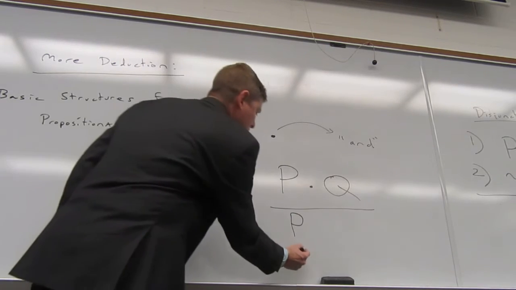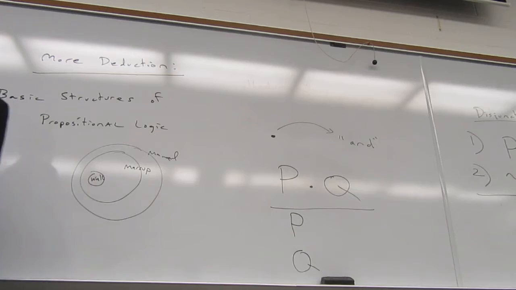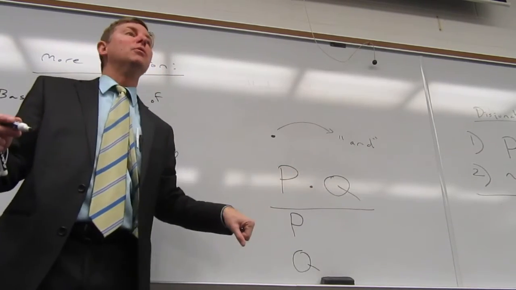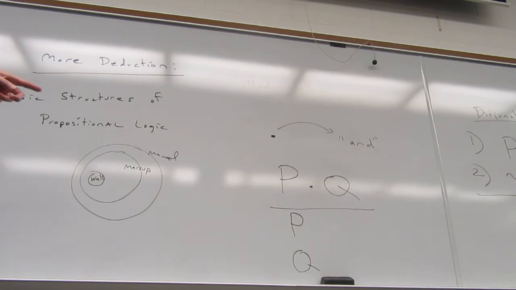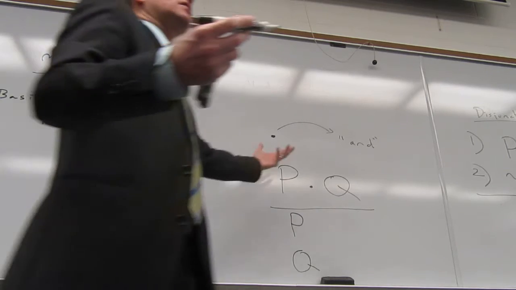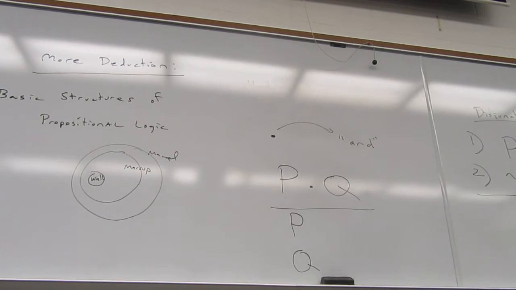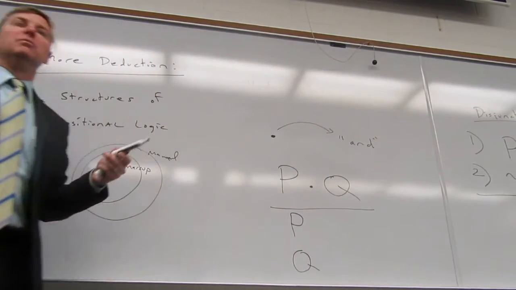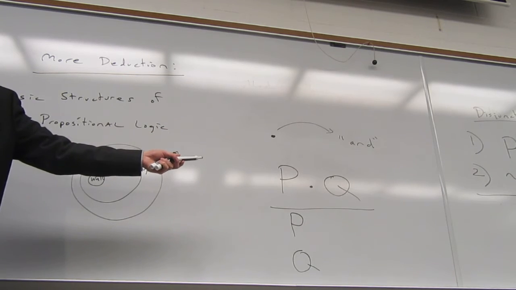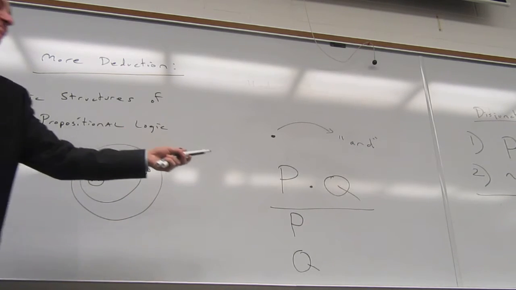I can also deduce Q on its own. Because if this total thing is true, then both sides of it have to be true. This is actually a propositional logical rule of inference called simplification. This is a deductive rule called simplification. Because if both of these are true, each one can also be called true independently.